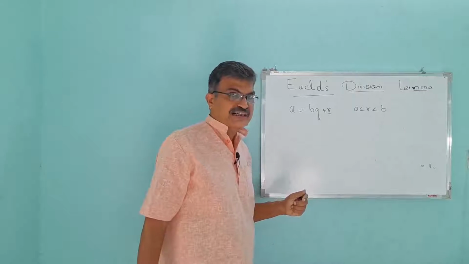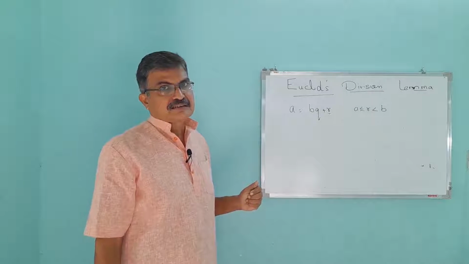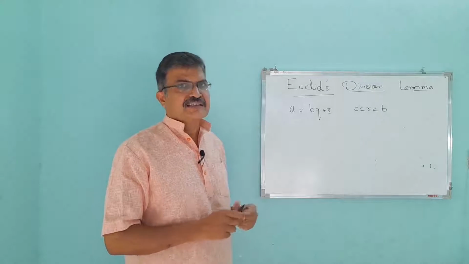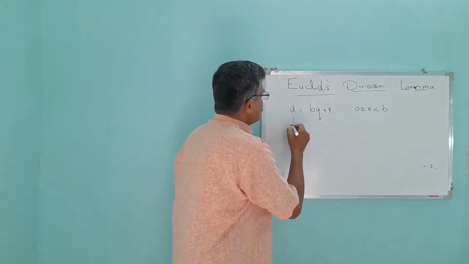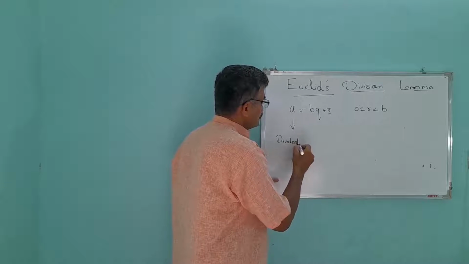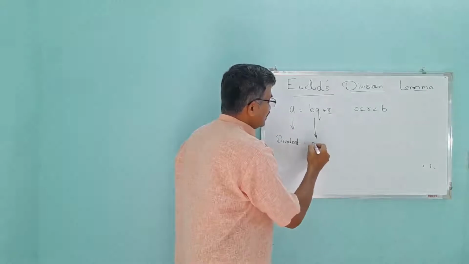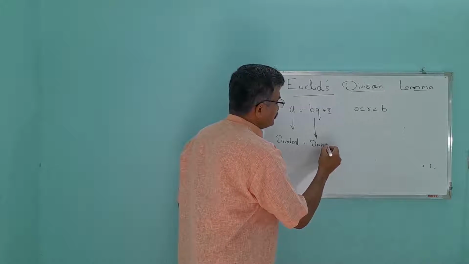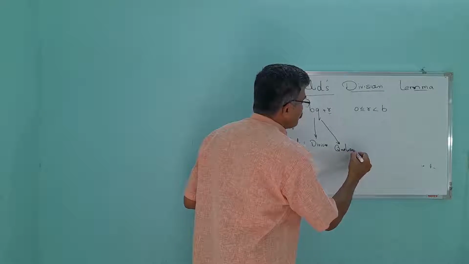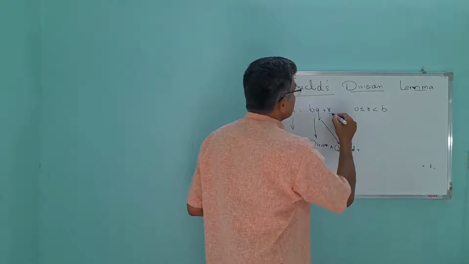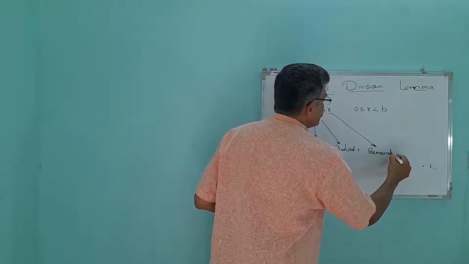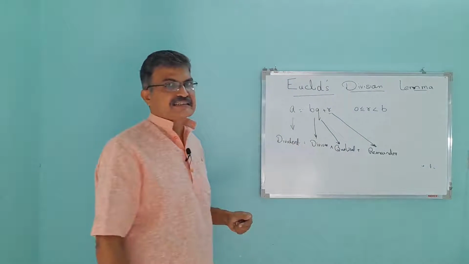I have already told you that this equation is used to check the accuracy of the division in lower classes. For a, we can say dividend, b the divisor, q the quotient, plus r the remainder. This we have already studied.